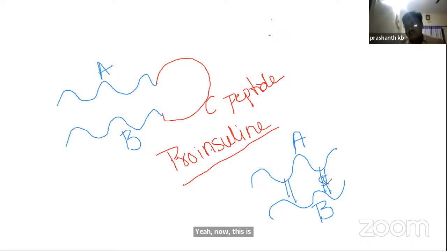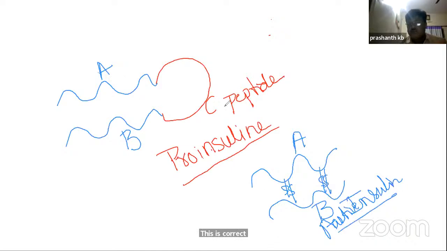Can you see here? Disulfide. Use this word, it is given in the textbook. If you join with the disulfide bond, this is called active insulin. Inactive means pro-insulin, with the presence of the C peptide, and active is the absence of it.